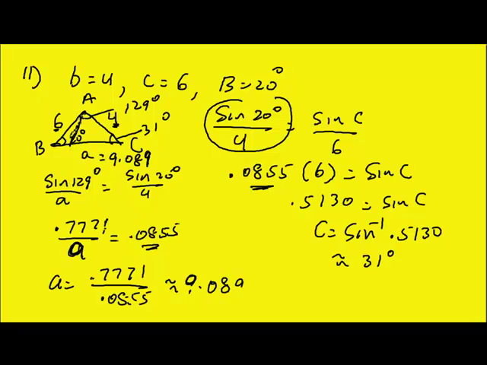So if I were to draw another side like that to match up with this side, then I'm going to have a different triangle right here. This angle B is still the same, which is 20 degrees. This side here, C, is going to stay the same, which is 6. And my side B is going to stay the same, which is 4. And I can still have a small triangle.